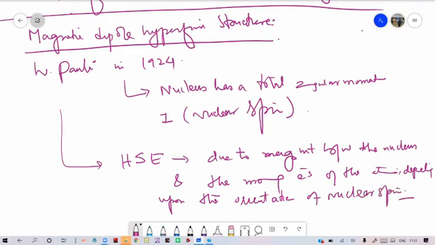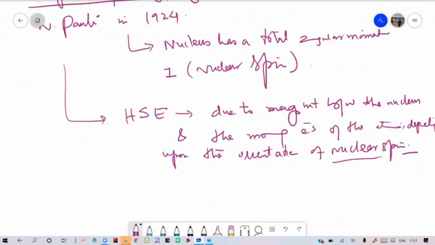So the magnitude of the effects will be determined by the orientation of the nuclear spin.